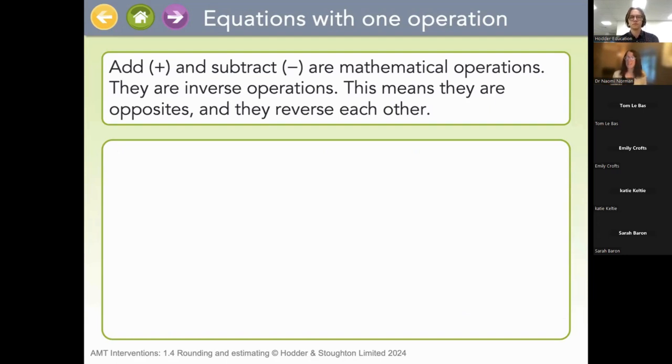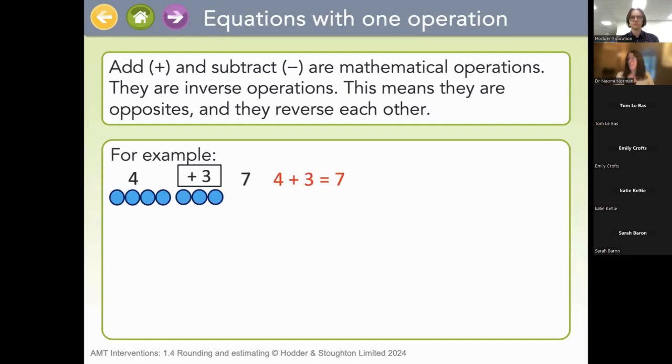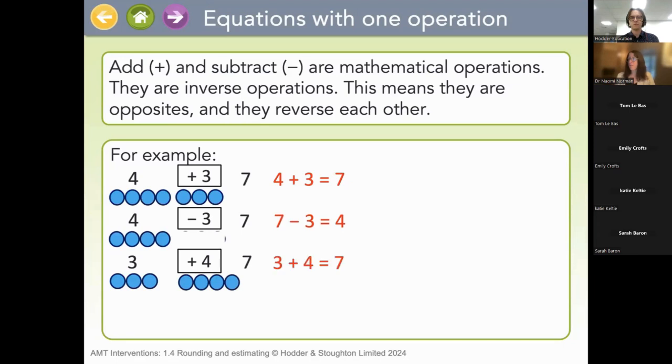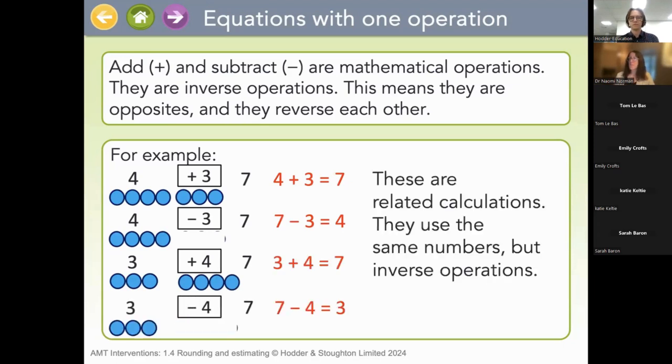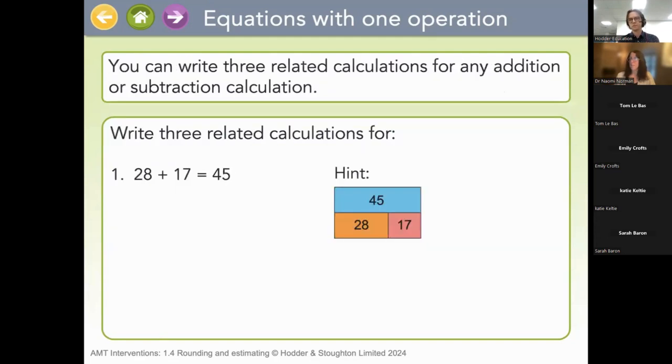That is the idea of the inverse operations of addition and subtraction. And an animation confirms the related addition and subtraction calculations using an example involving 4, 3, and 7. This way, students should be in no way daunted by the concept of algebra or equations. In fact, they should be very comfortable with the starting point.